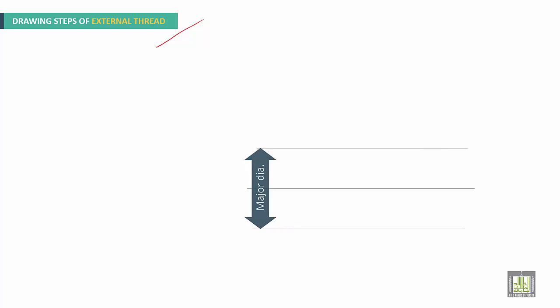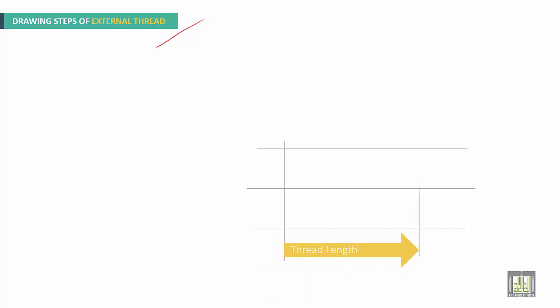Here, we will present the drawing steps of external thread. First, you have to start by drawing the thread axis. You have the measured diameter here. Starting position, you have to fix it by this line. You have the thread length. And you have the minor diameter.